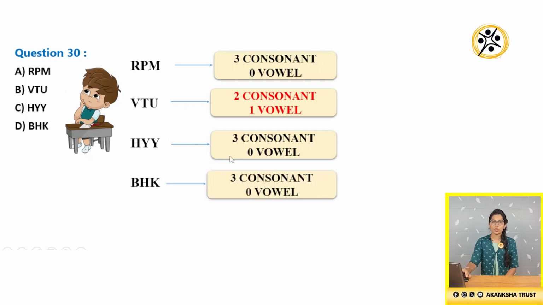And in the fourth option again there are no vowels, hence the number of vowels is 0 and the number of consonants is 3. So it is clear that option 2 is the odd one here. By looking into all 4 options we can say that VTU is the odd one, because only U is a vowel in all the series.